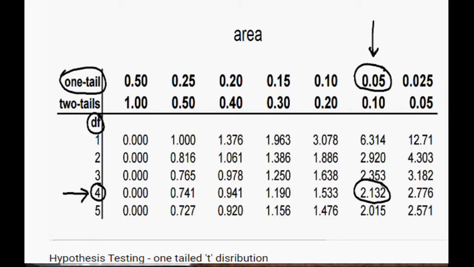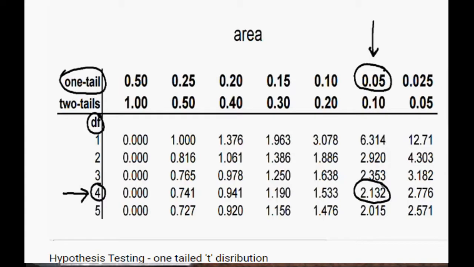Now if you look in the T table, you will find that on the left hand side the degrees of freedom are given, and on the top row the areas are provided. In this particular problem the number of samples is 5. So the degrees of freedom will be n minus 1, that is 5 minus 1. In the leftmost column denoting the degrees of freedom, we will take 4, and on the top row we will take the area 0.05, because the level of significance is 0.05.